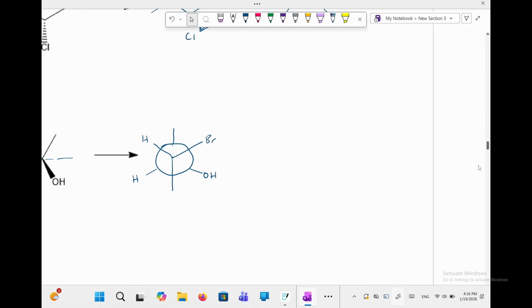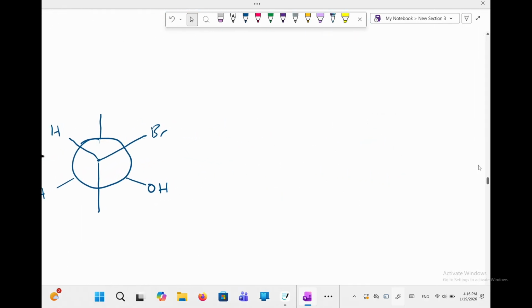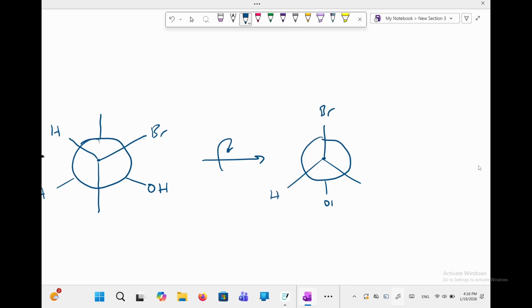Interesting. Okay. Now, I'm going to rotate that so that the alcohol and the halide are trans or anti-periplanar to each other. So what I'm going to do is have the bromine here, and the OH here.